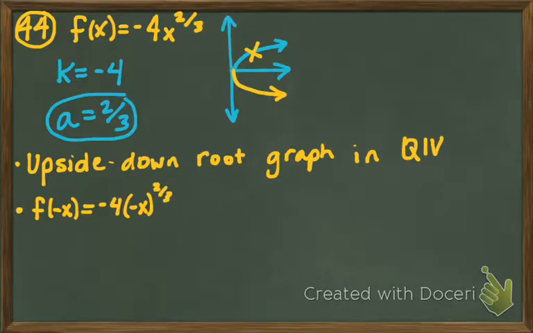Then I have to decide what's going to happen to the negative that I just stuck inside. Well, since we have a 2 in the top, whatever I put in as my base at some point is going to get squared, which is going to make that negative irrelevant or go away. So that gives me -4x to the 2/3, which is exactly what I started with.